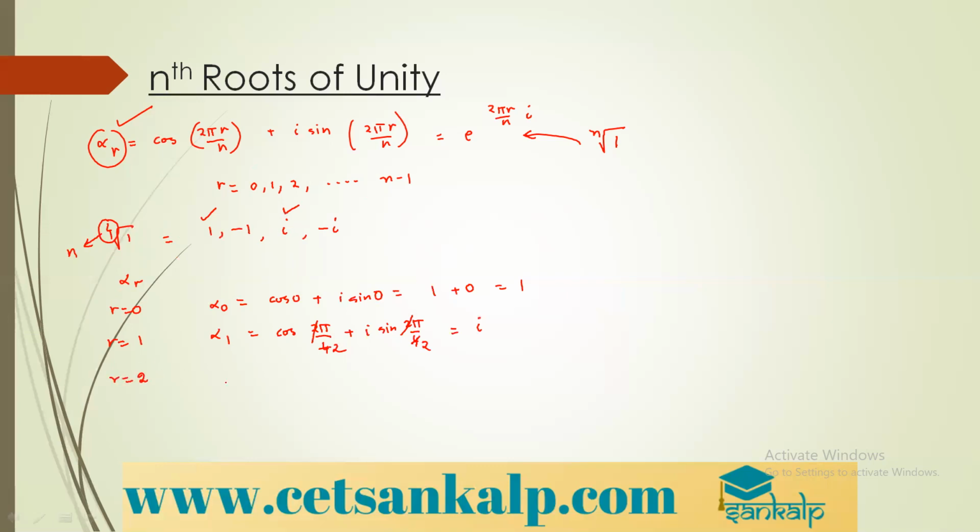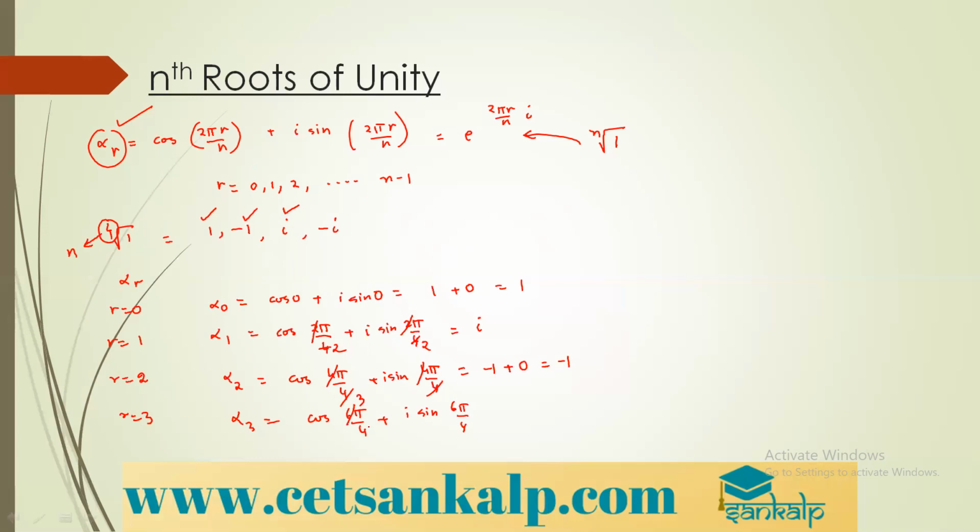Next, I will put r equal to 2. Alpha 2 will be cos 4 pi by 4 plus i sin 4 pi by 4 in the formula. So cos pi is minus 1, sin pi is 0. So I got another root, that is minus 1. I'll put r equal to 3. Alpha 3 is cos 6 pi by 4 plus i sin 6 pi by 4.